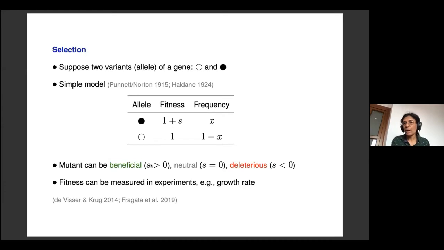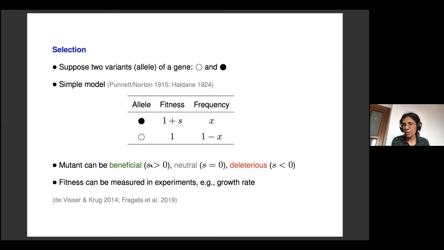These two come endowed with a quantity called fitness, which for the dark allele I'm denoting by 1 plus s, and for the light one it's just 1. It's a relative fitness, or the fitness difference is s. This s could be positive, in which case we will call the dark allele a beneficial mutation. It could be 0, in which case it is neutral, or deleterious, in which case s is negative.